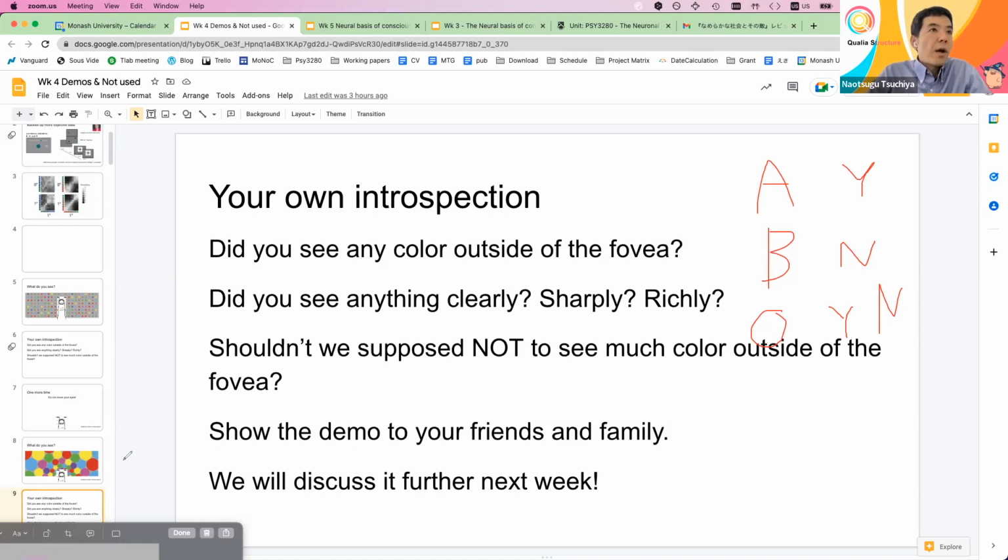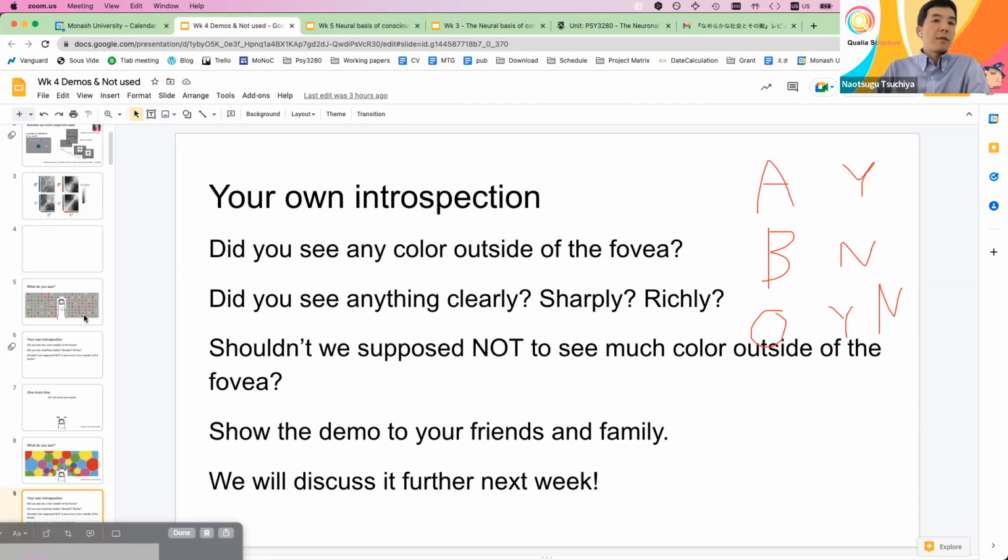When you saw two types of the display, did you see color clearly in the periphery for A, and not at all for B, and yes and no for other? Okay, so A for the majority and other for some people.